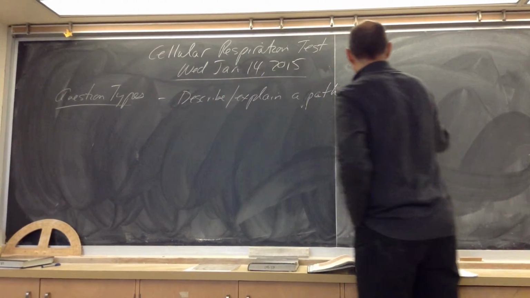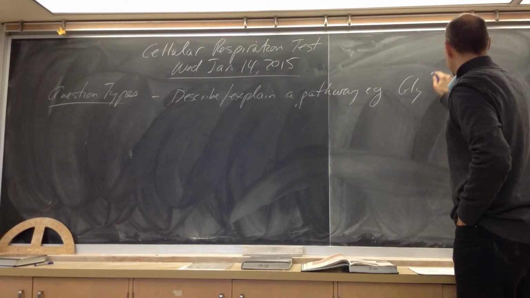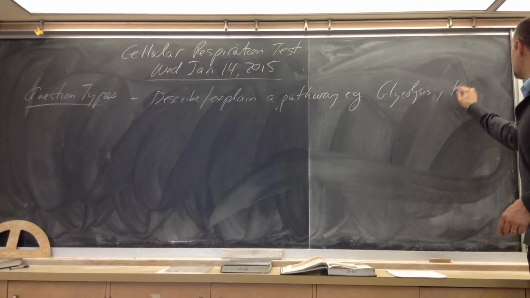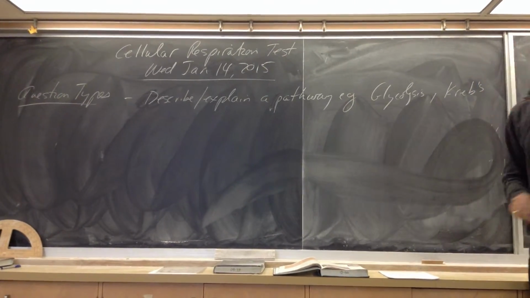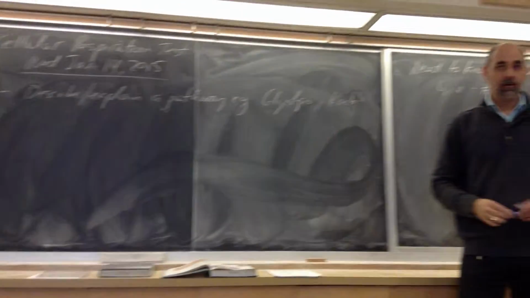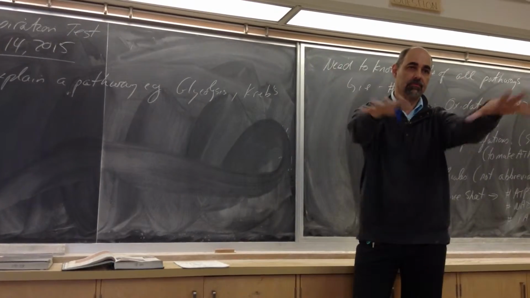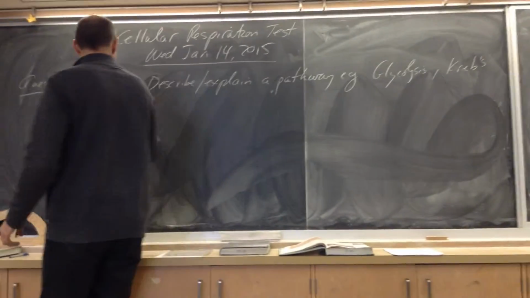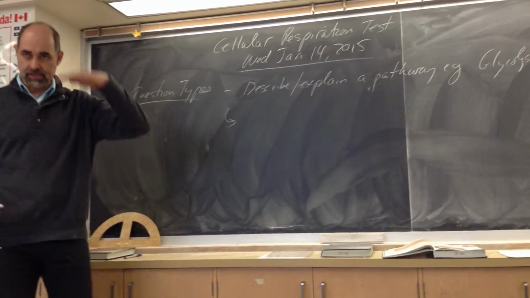So, for example, I might ask you, give me glycolysis, 10 steps, or Krebs. Show the Krebs cycle. But would you expect me to just say here, regurgitate, throw it down? So then after this, there's always going to be a B part, C part question.